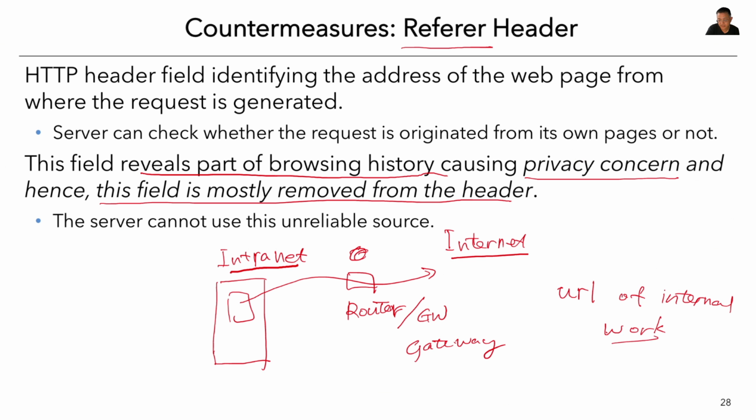So sometimes this will leak sensitive information. So the gateway or the router may remove the referral header. Okay, so referral-based defense is actually not completely secure.